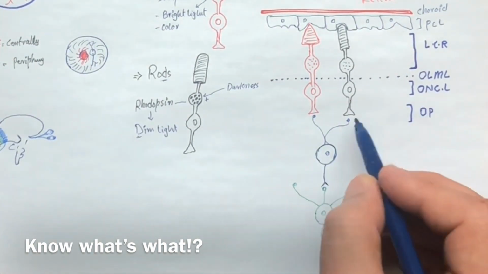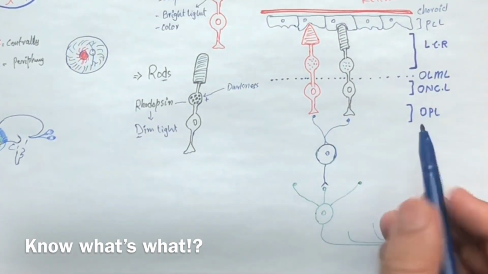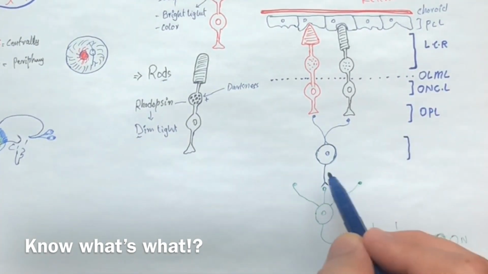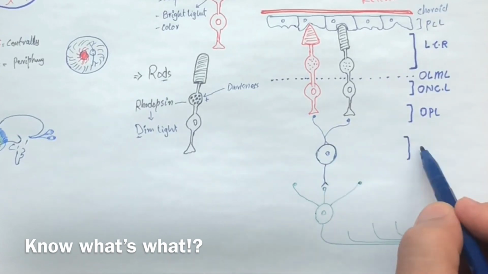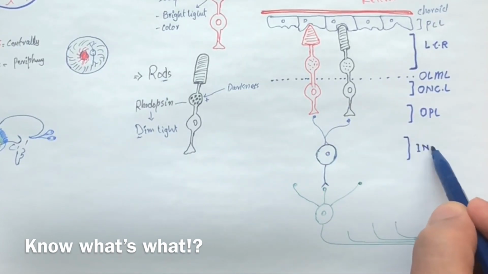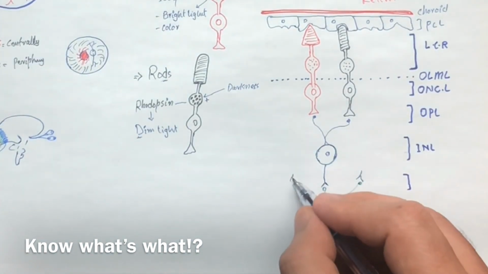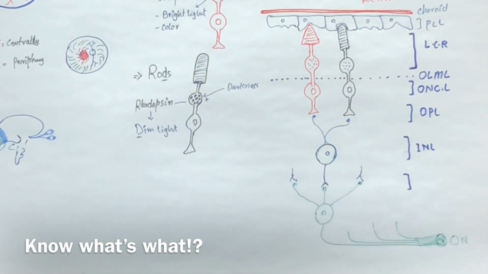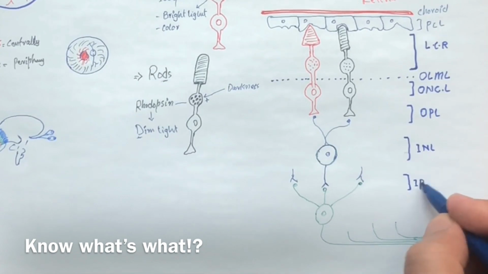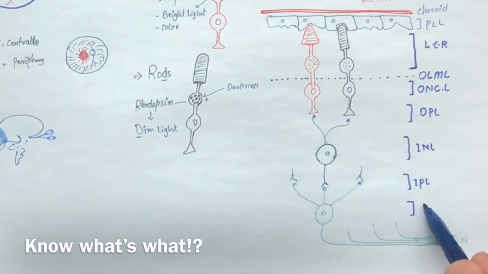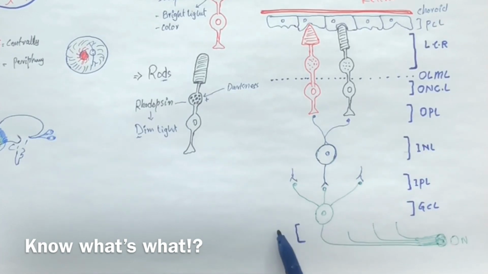And then we have the outer plexiform layer because there is the plexus there. And then we have the inner nuclear layer because it has the nuclear bodies in there. Then we have the inner plexiform layer because there are different fibers making the neuronal synapses or plexus. Then we have the ganglion cell layer and the nerve fiber layer, and we have the innermost layer.